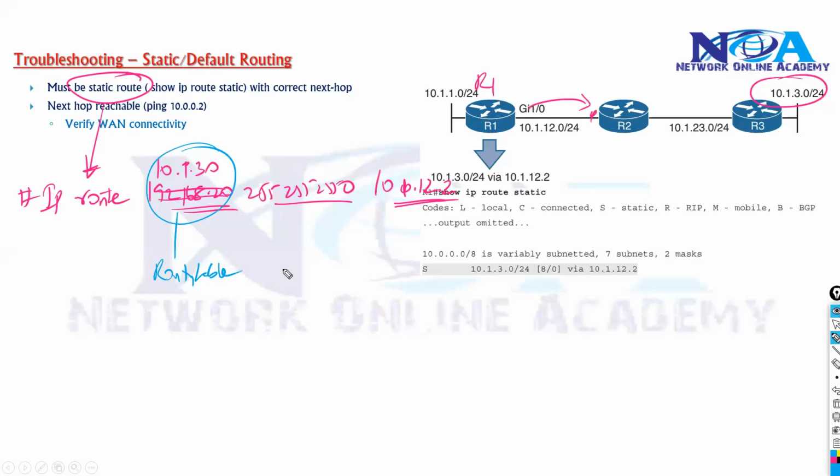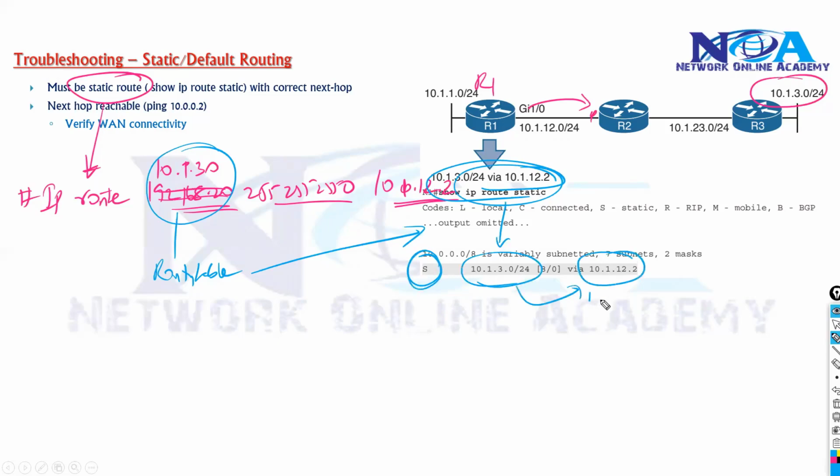So how can we verify? We can verify the routing table by using show ip route, and you should see a static route entry inside the routing table with a proper next hop. We can either define the next hop or define the exit interface.